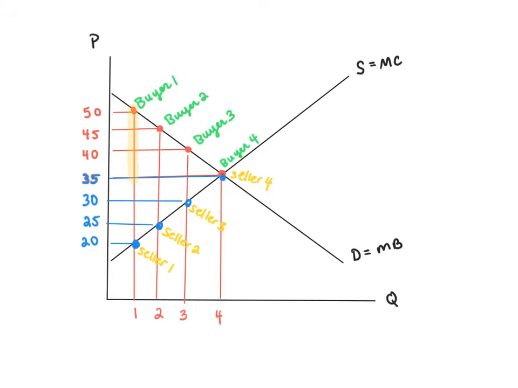$15 is how much more she would have been willing to pay on top of the $35 that she had to pay. At the same time, Seller 1 benefits from the exchange. Seller 1 required a payment of $20 to want to sell the good, but gets a payment of actually $35.